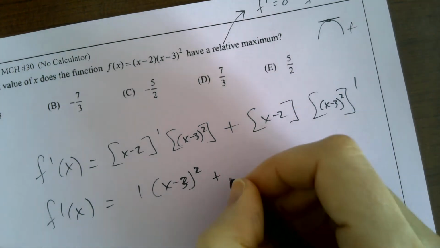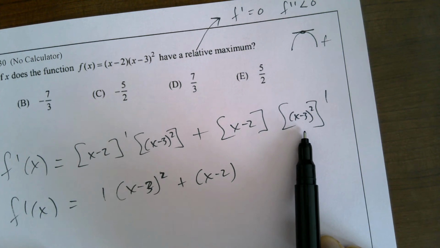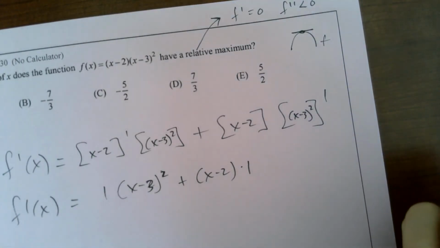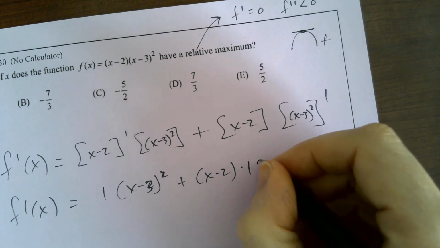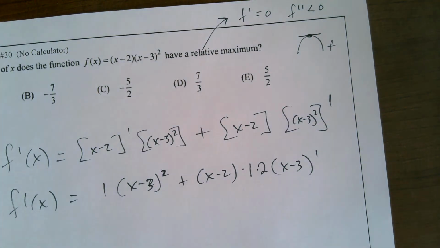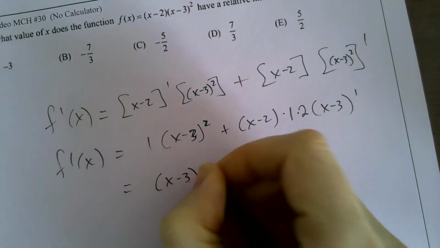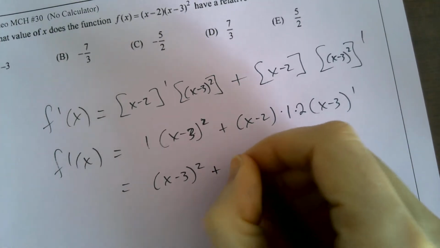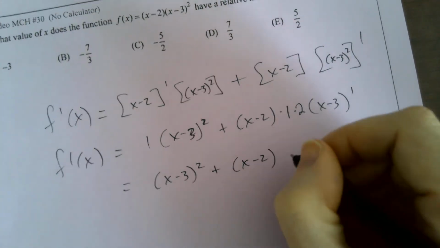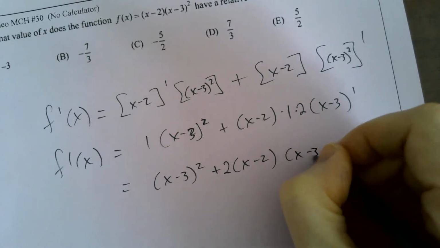Plus, this just comes down, and then the derivative of the inside is 1, and the derivative of the outside is 2 blank to the first, and it's x minus 3 that goes in there. So we've got x minus 3 squared plus x minus 2, I'll put the 2 in front, 2 x minus 2, x minus 3.